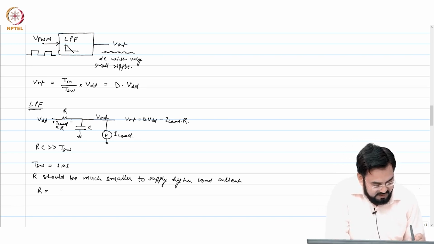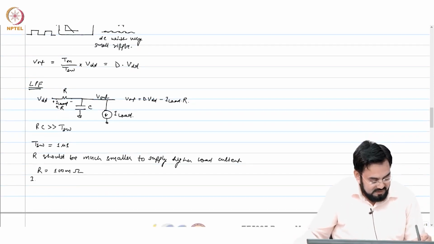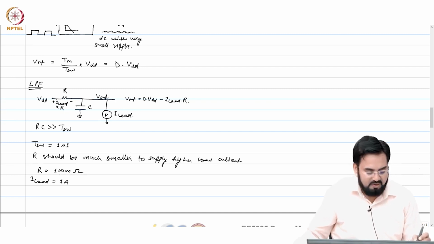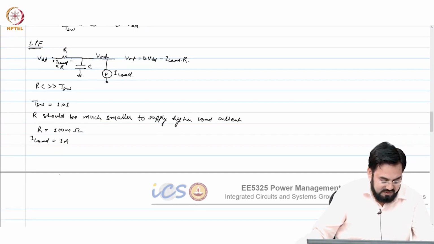So let's say you make R 100 milliohm. I load is 1 amp, so you will drop only 100 millivolt, which is okay.